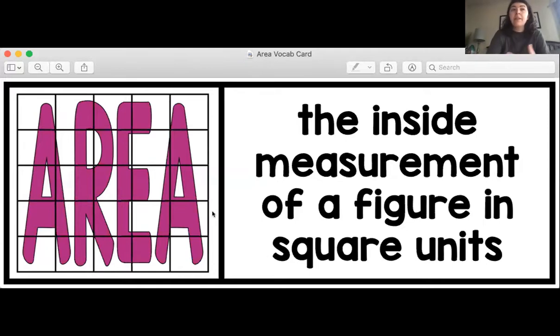This could be something like a garden bed or a rug or a room. We're measuring the inside of a shape. And this is used a lot in construction and by people who are doing things at their homes to renovate and things like that. So today we're going to learn about area with different shapes and whether the shape we're using to determine the area changes the area of a shape.